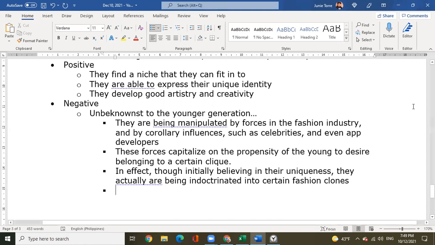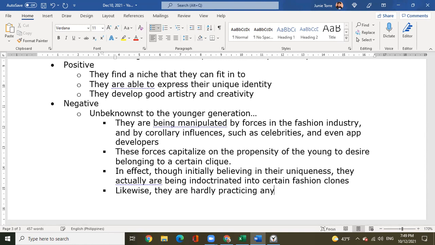So I will kill that argument by saying that likewise, they are hardly practicing any artistic or creative strains, knowing that they simply resort to copying trends.